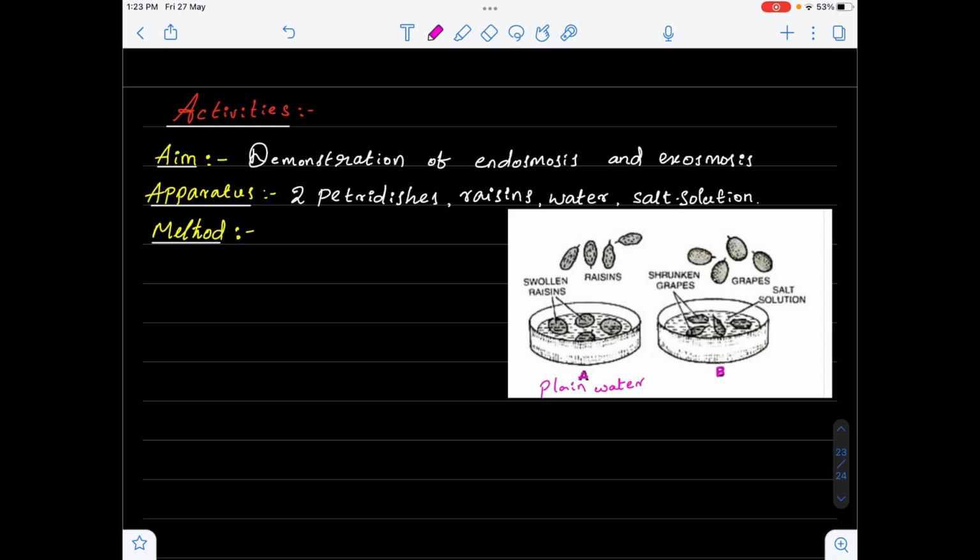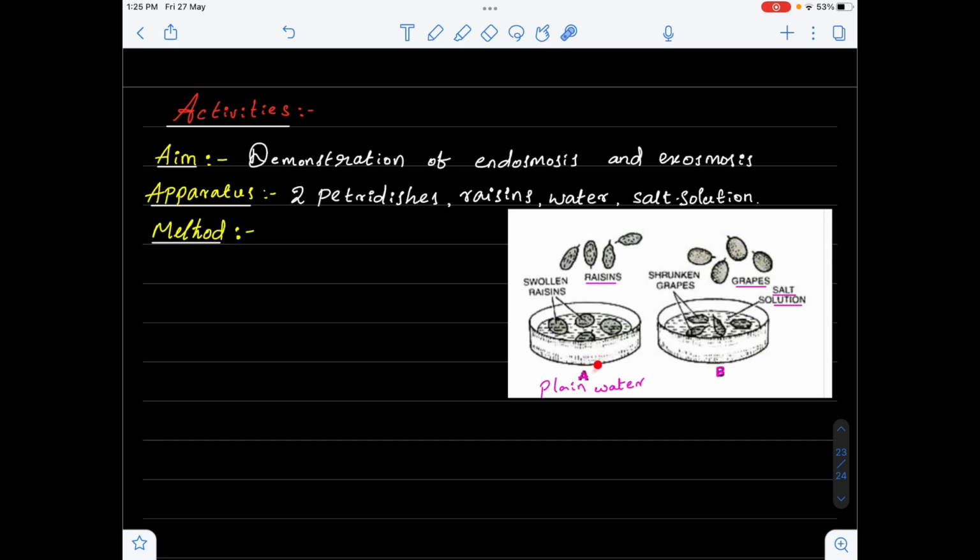In petri dish B, we have taken the salt solution. Now put dry raisins in petri dish A containing plain water and leave it for 30 minutes.